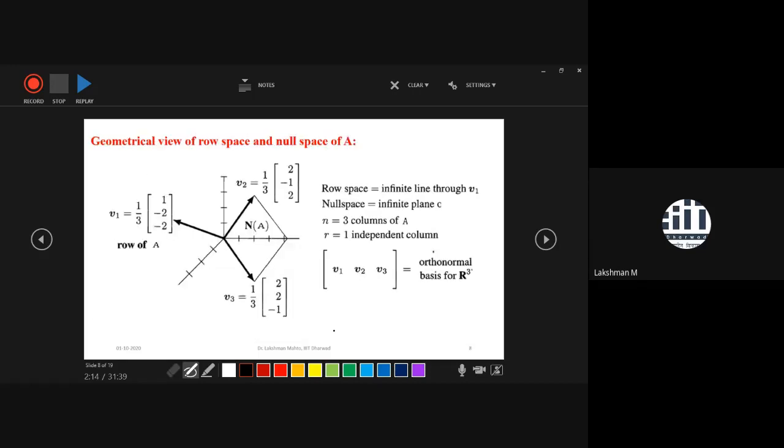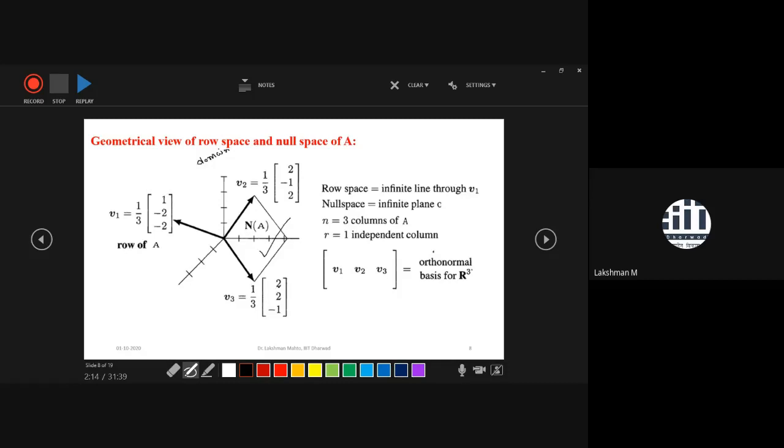Now I will talk about the geometry of the last problem. Easily you can visualize. I have given only the geometry of the domain space. In the domain space, you can easily visualize where the null space is and where the row space is. The null space is a two-dimensional space, so it defines a plane having two directions.